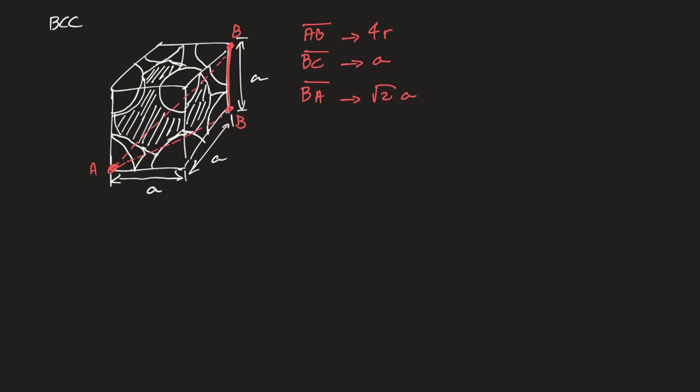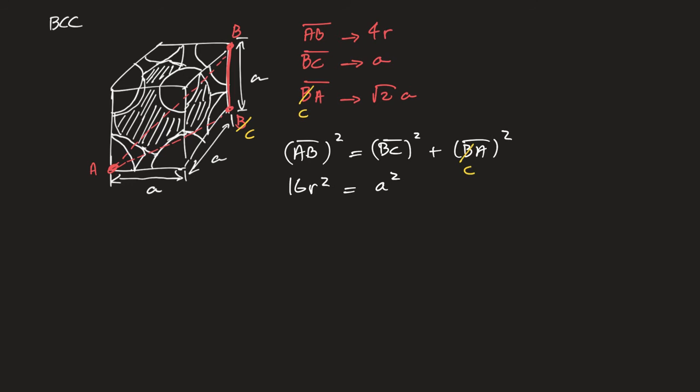And if we write the Pythagoras relation here, AB squared equals BC squared plus BA squared, we end up with 16r squared equals a squared plus 2a squared, 16r squared equals 3a squared.